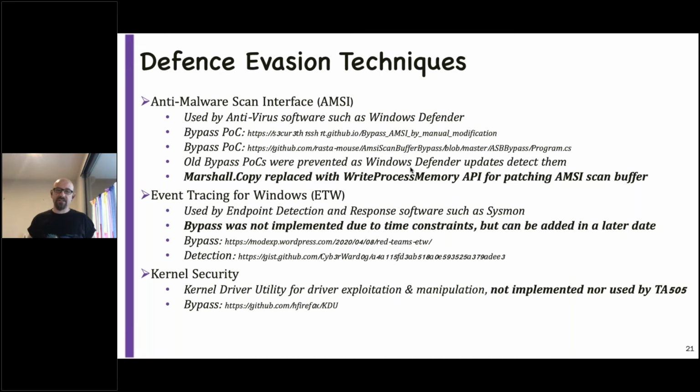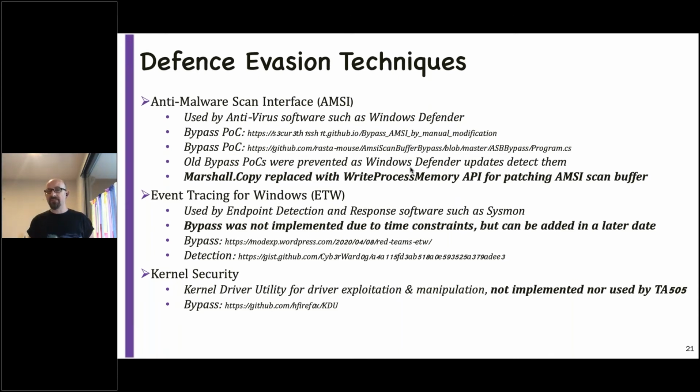Kernel security and driver security exploitations are out of scope for TA505, as far as I know. They were used by some other threat actors. So if you want to enrich your environment, there are some kernel driver bypasses and some vulnerable drivers, as well as some signed drivers that allow you to load vulnerable drivers. You can enrich it that way.